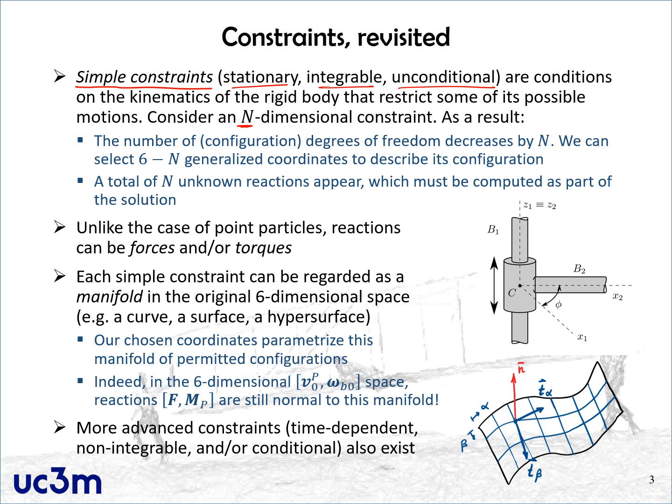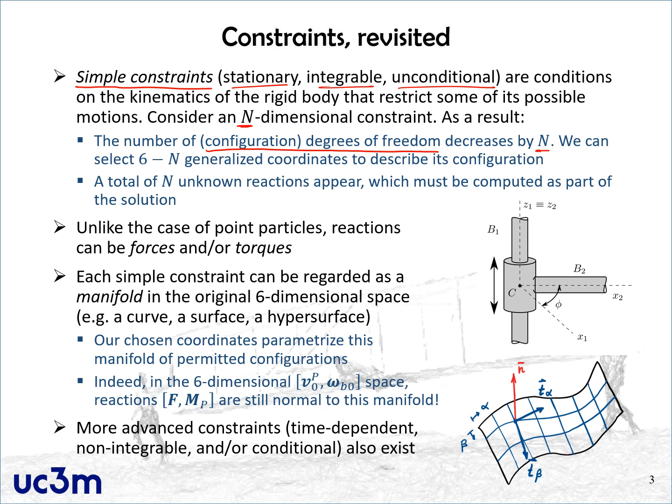So the most basic constraint would be a simple constraint with just one equation. That would be a one-dimensional simple constraint. In general, we know that when we have this type of constraints, the number of configuration degrees of freedom decreases by n, the dimension of the constraint.